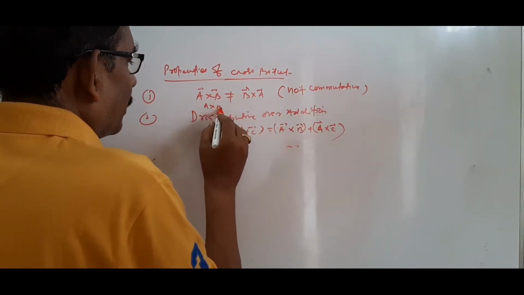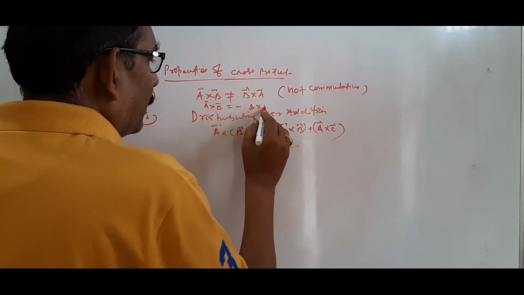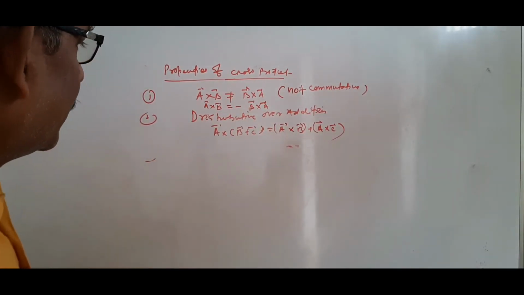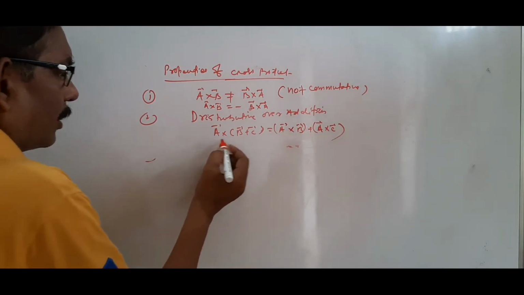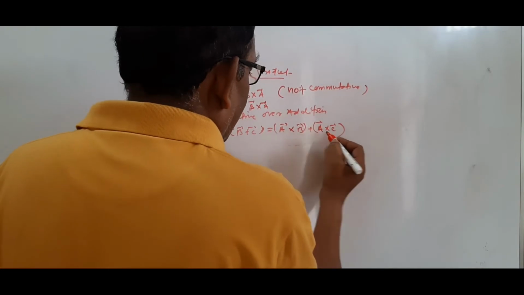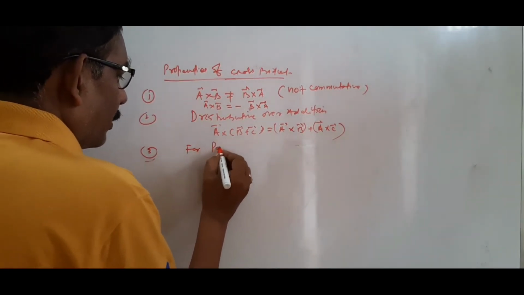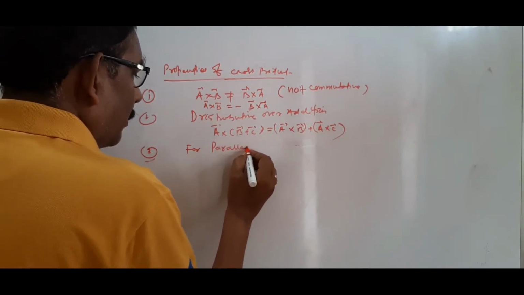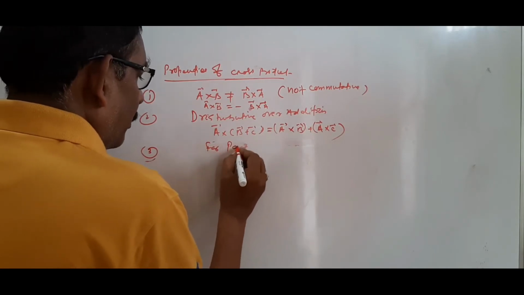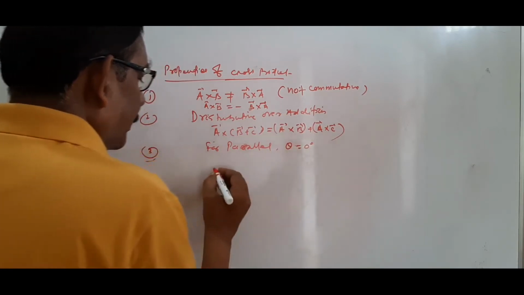A cross B equals minus of B cross A. Now, distributive over addition: A cross (B plus C) equals A cross B plus A cross C. Now for parallel conditions, theta is equal to 0 degrees.